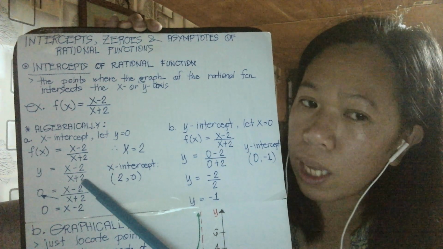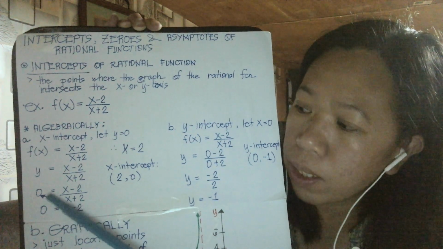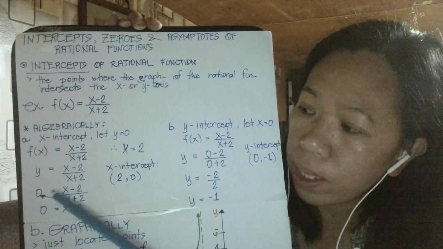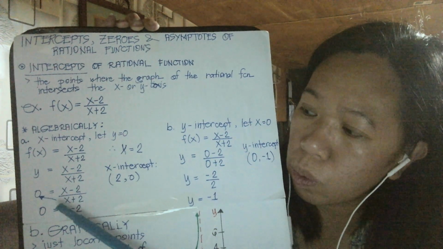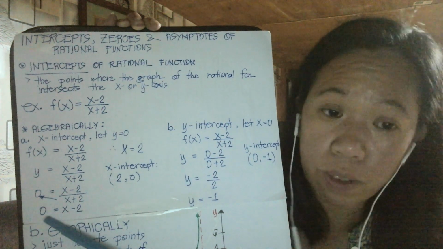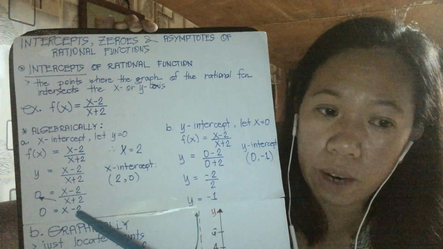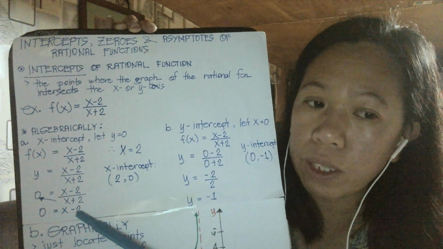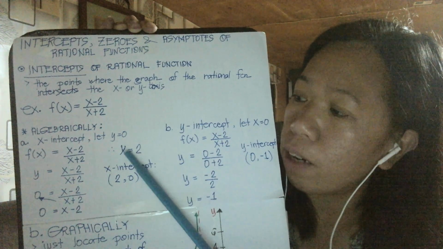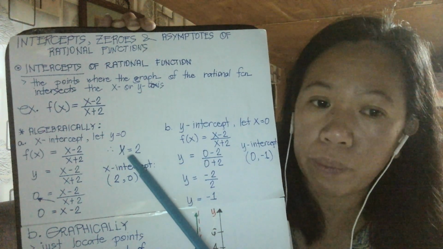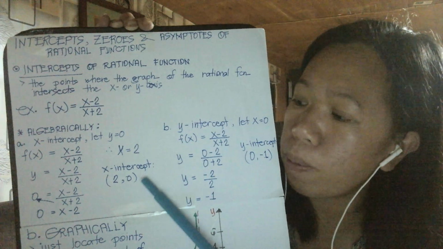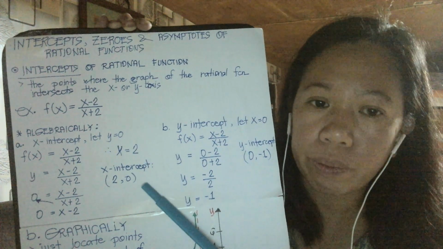Substituting y to be 0, we have 0 equals x minus 2 over x plus 2. Cross multiply, you will have 0 equals x minus 2 on the right side. Therefore, the value of x that we got is x equals 2. And our x-intercept will be at (2, 0).